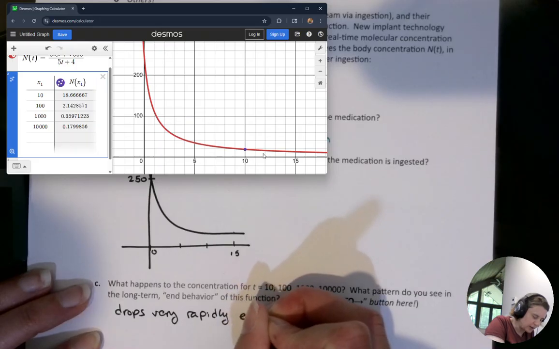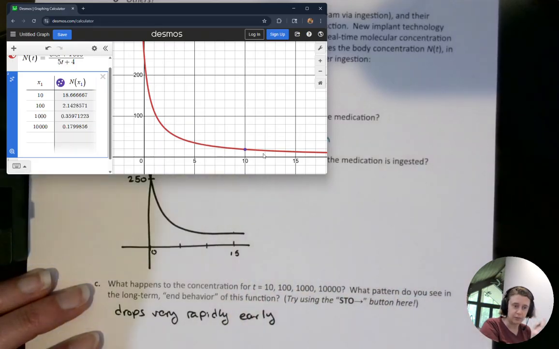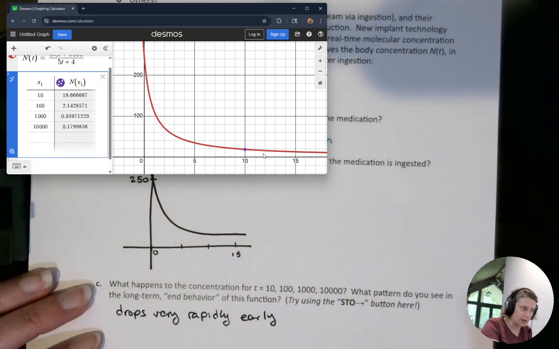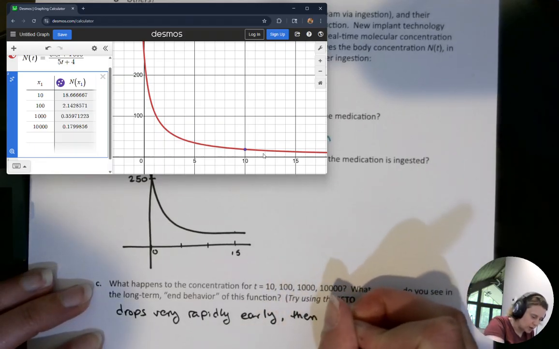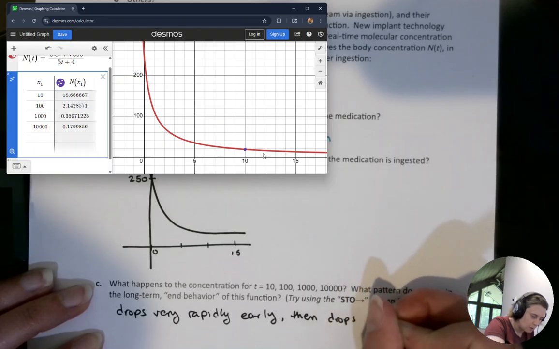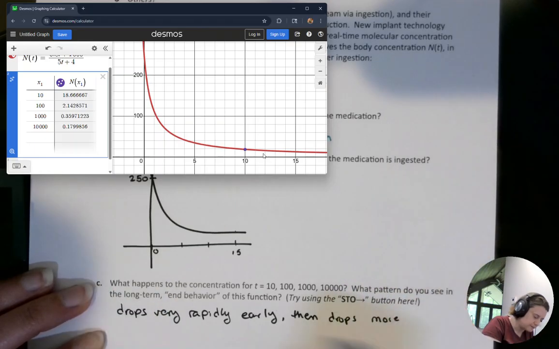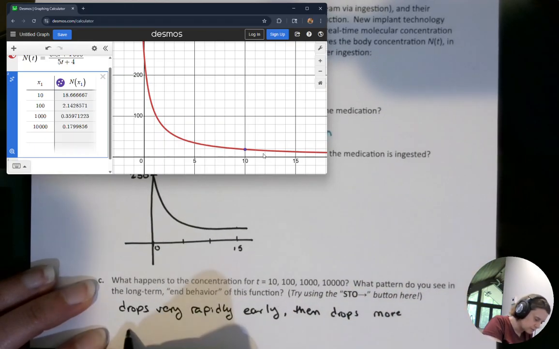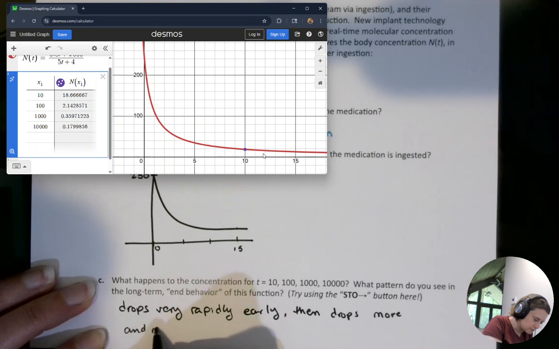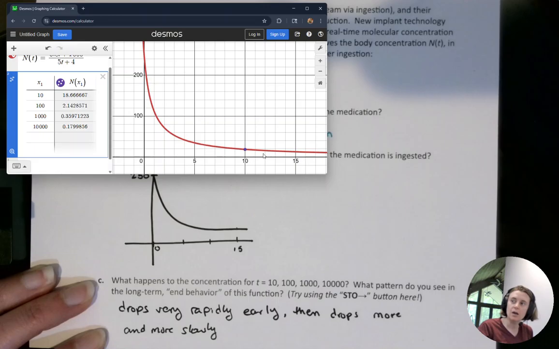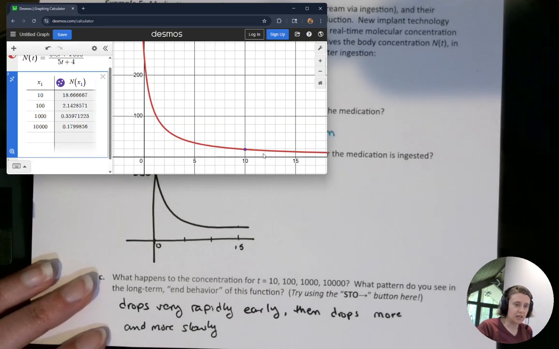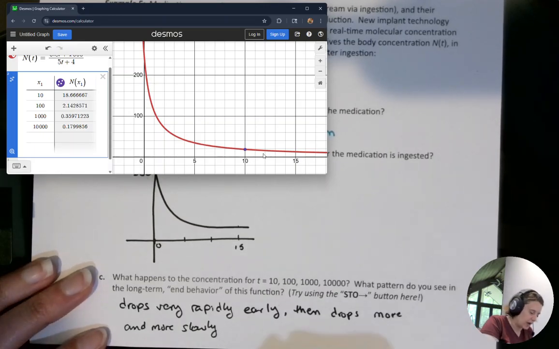We'll just say early. We know we're meaning in the 0 to 2, 0 to 3-ish range. Then it drops more and more slowly until there's very little medication left after 10,000 hours.